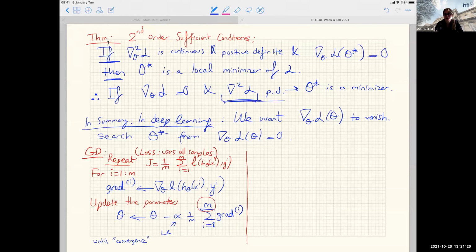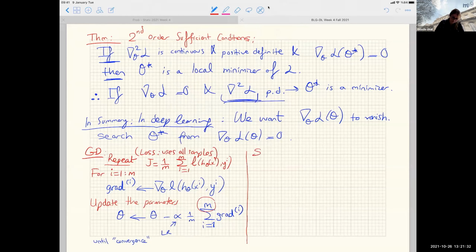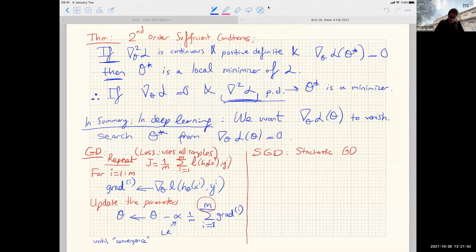So now we can go to the other extreme, something called stochastic gradient descent. We didn't yet talk about that. We will say, hey, then maybe just update my parameters using one single sample.